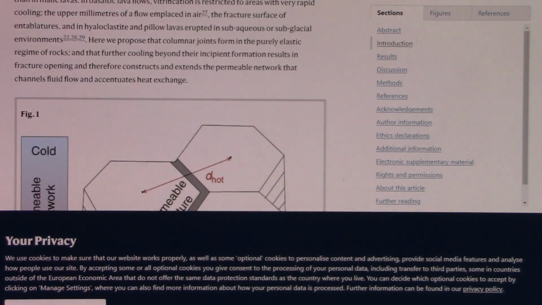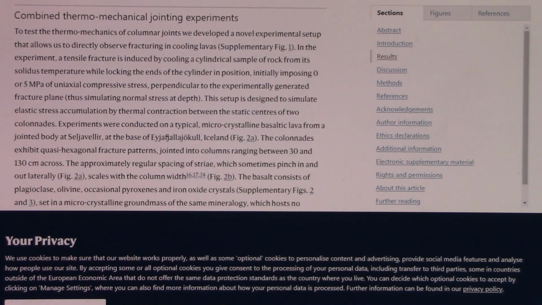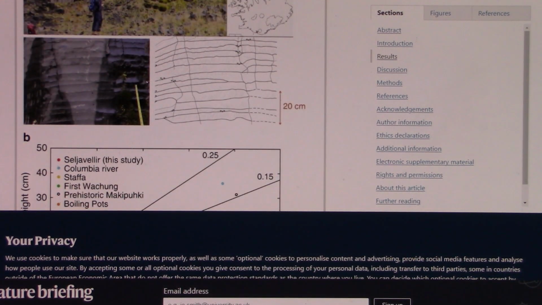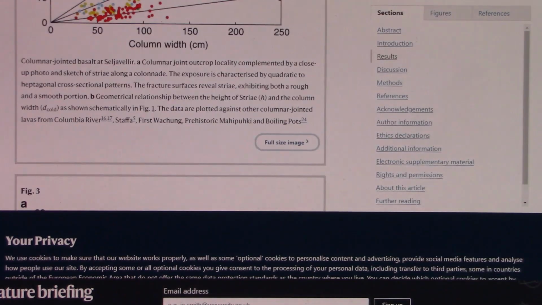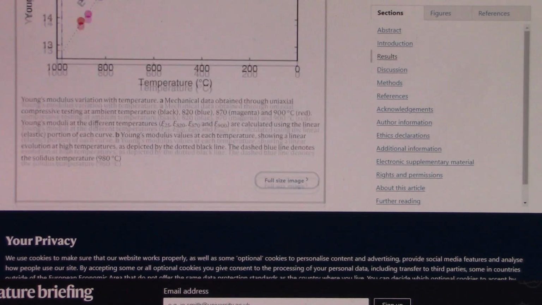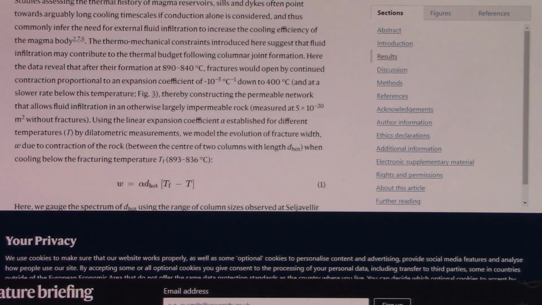It shows the formulas, the stuff they came up with, the fracturing, their hypothesis of water getting in, on and on and on. That's what I've been doing for a couple weeks, trying to figure out how they come to these conclusions. It gives us all the formulas, all the math, everything they're doing. And then you come down to the modeling, fracture, widening, and fluid flow.